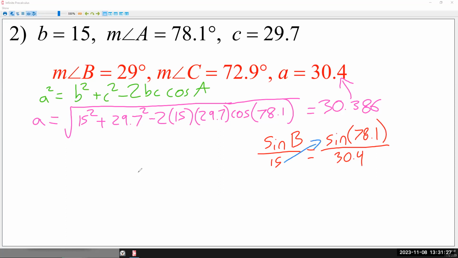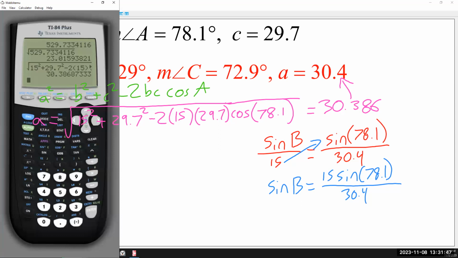Instead of cross multiply, I'm just going to multiply the 15 over there because I know the sine of B is what I want. And then do my inverse sine of that.